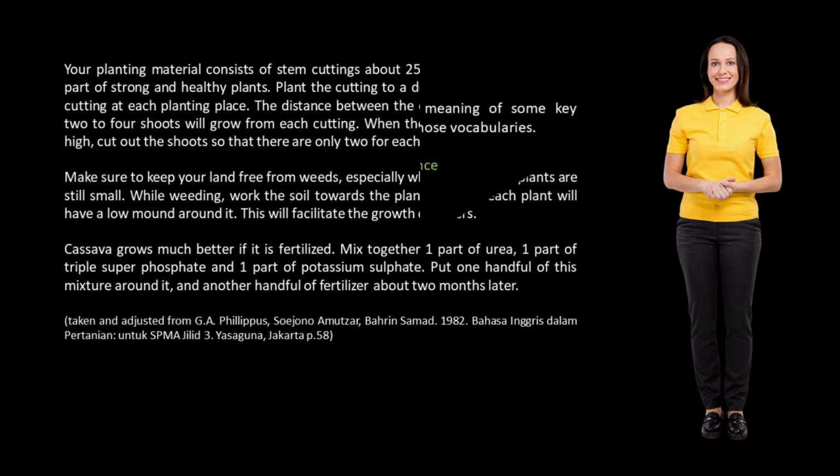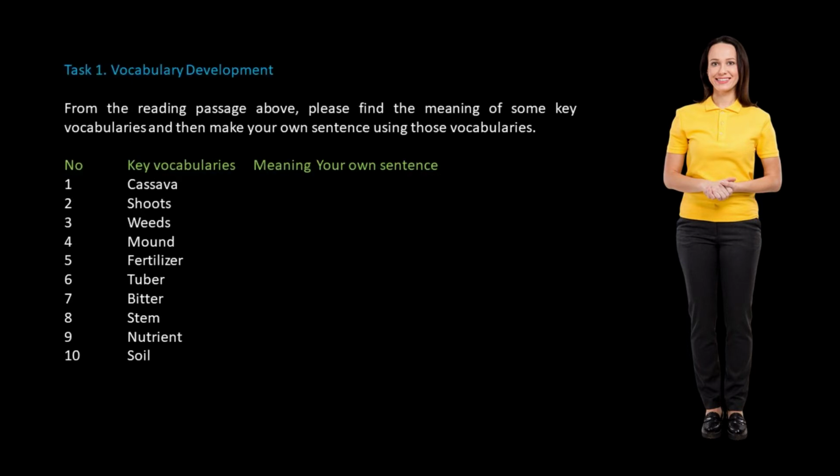Task 1. Vocabulary development. From the reading passage above, please find the meaning of some key vocabularies, and then make your own sentence using those vocabularies. 1. Cassava. 2. Shoots. 3. Weeds. 4.